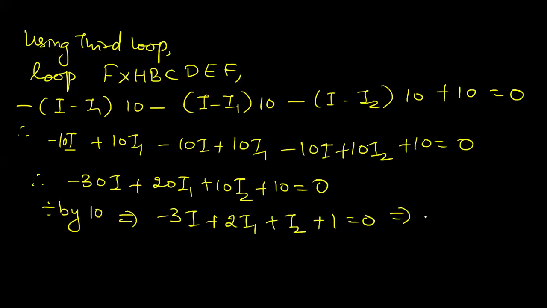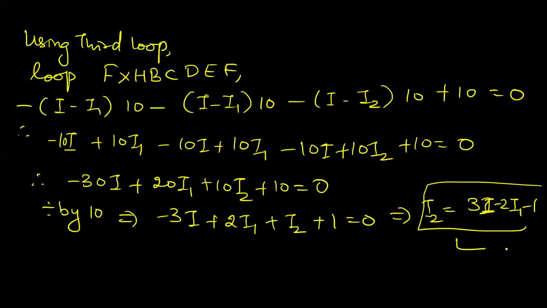And from here, you find the value of I2. So I2 will be equal to 3I minus 2I1 minus 1. That will be the value of I2. Give it as equation 3. So we have found equations from all the three loops.